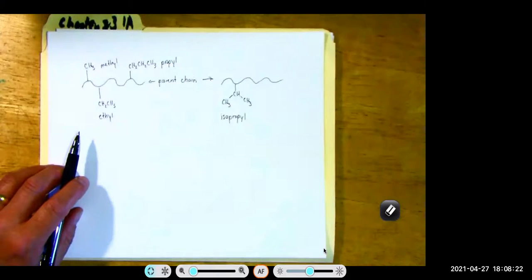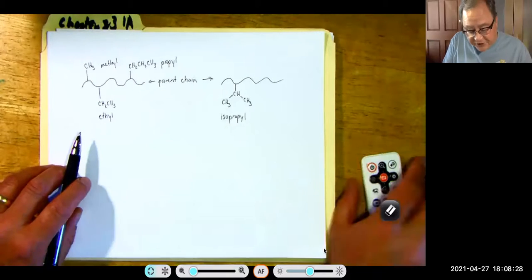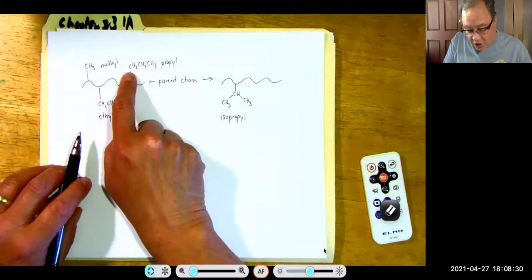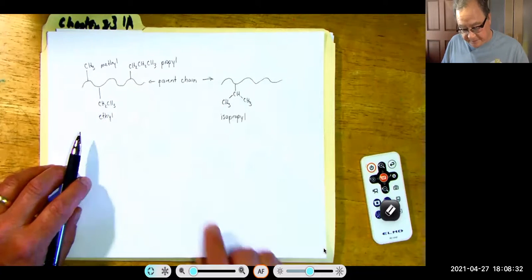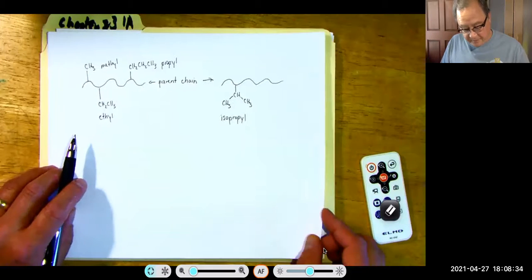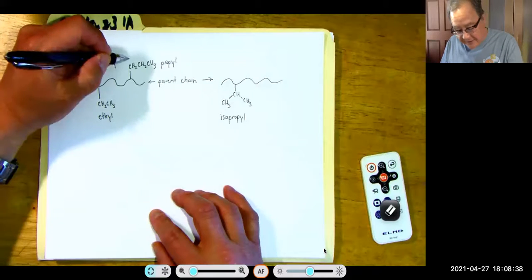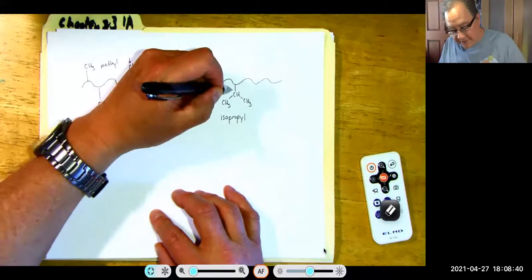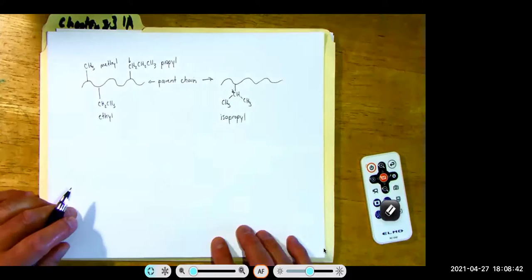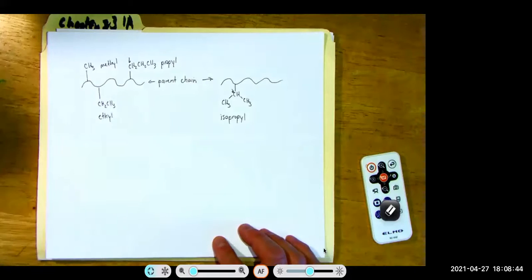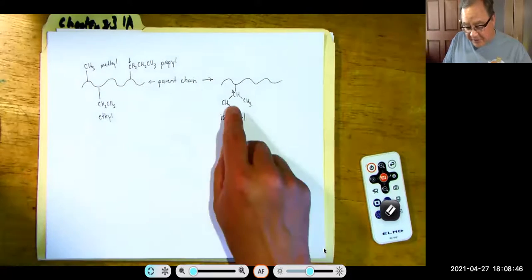So it's just because it needs those 3 hydrogens on the ends instead of the 2. Well, it's the carbon on the end rather than the carbon in the middle. You see how this is the carbon on the end and this is a carbon in the middle? If it was in the middle, it would just be a propyl substituent. No, when it attaches to the middle, it's an isopropyl.